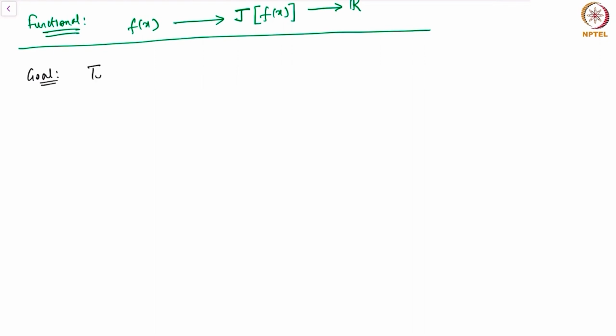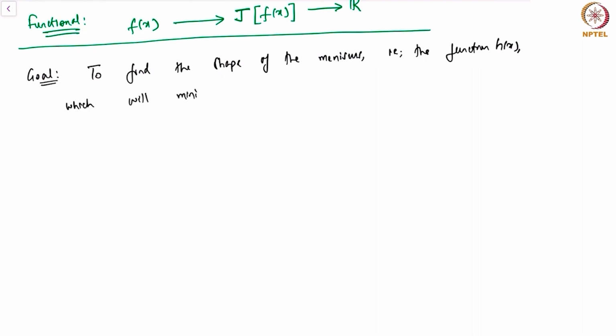The goal is to find the shape of the meniscus, that is the function h of x, which will minimize the energy functional E.